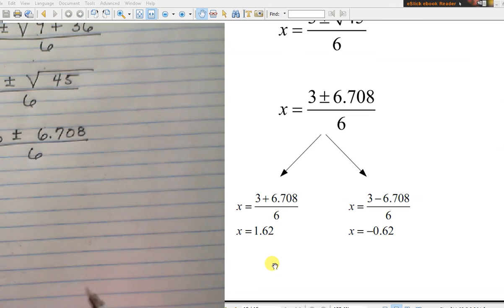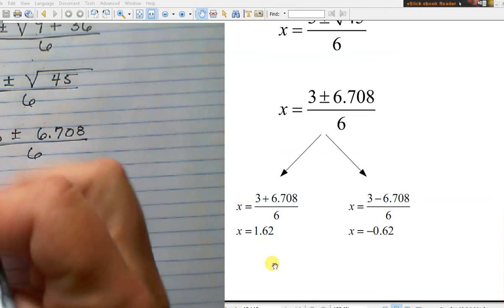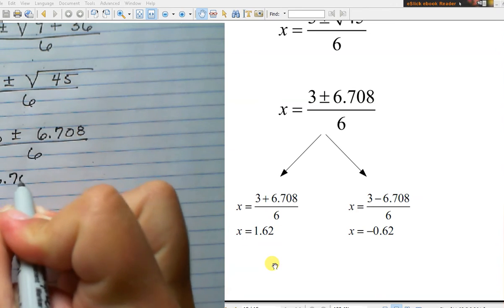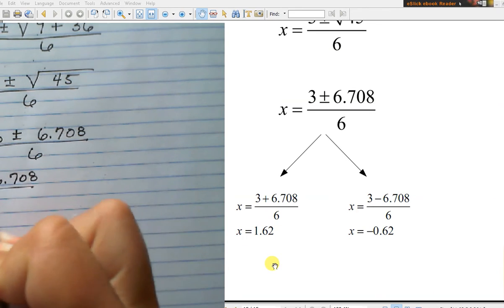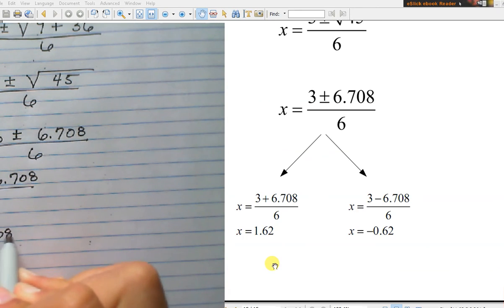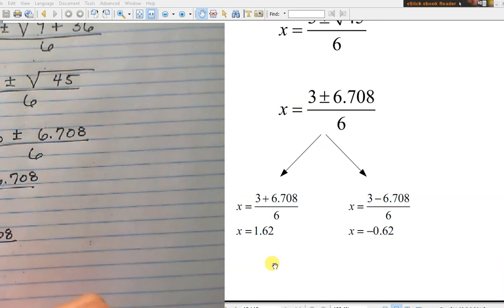Now I'll do that in my notes. Let's do it. So I'm doing 3 plus 6.708 over 6, which is 9.708 over 6, which is, I'm going to check it, which is 1.62 when it's rounded correctly.